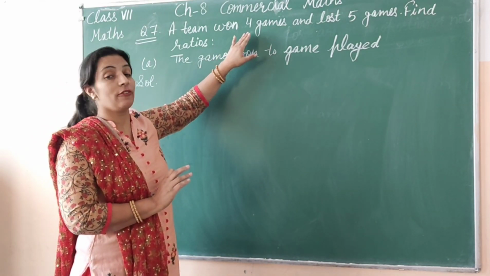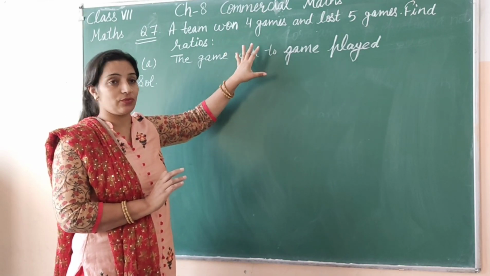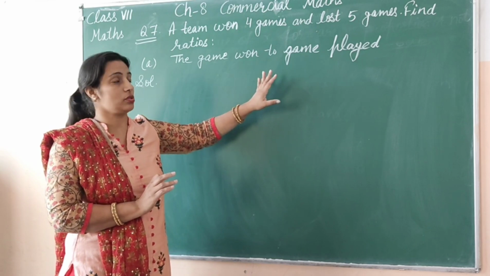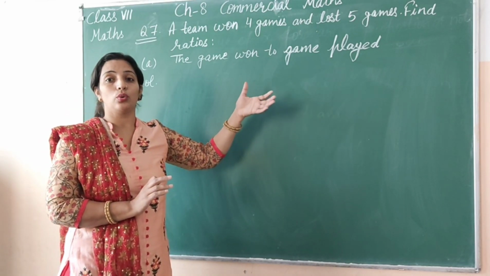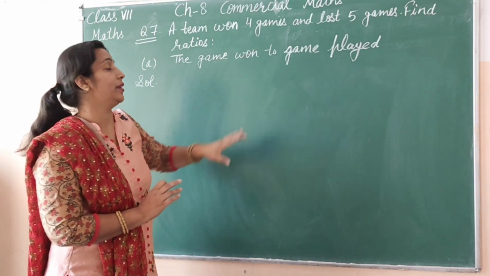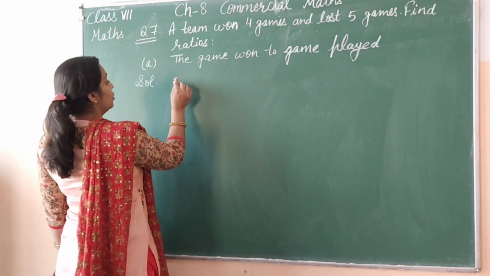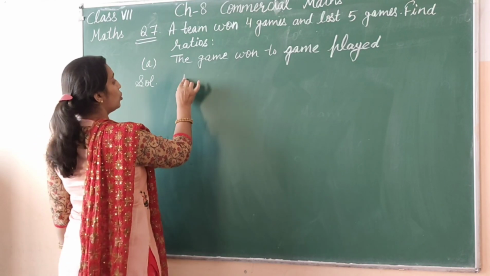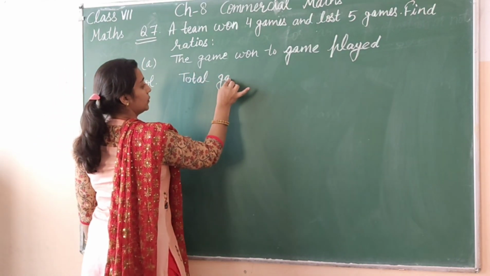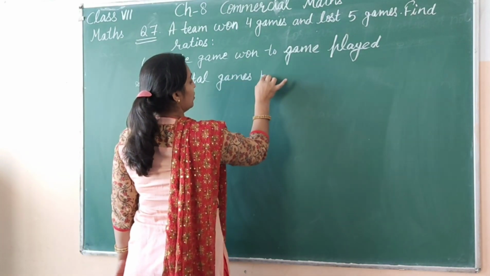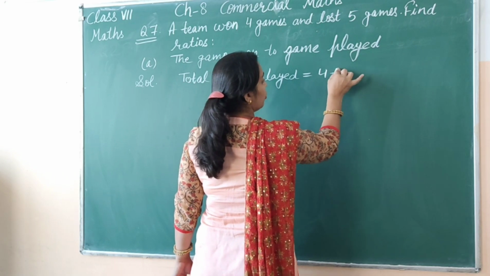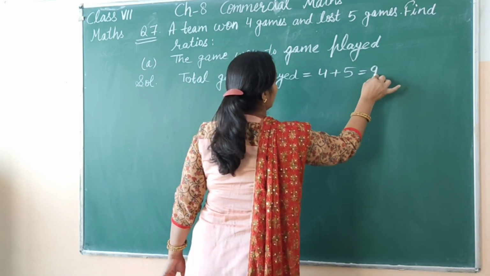Out of those, the team won 4 games and lost 5 games. So how many total games has the team played? Total are 4 and 5, that is 9. So in the solution we will write: total games played is equal to 4 plus 5, that is 9.